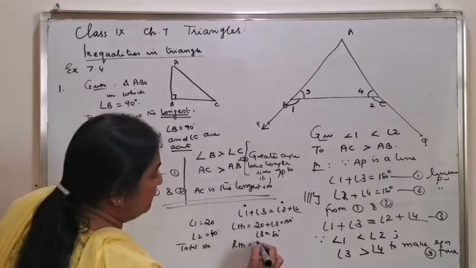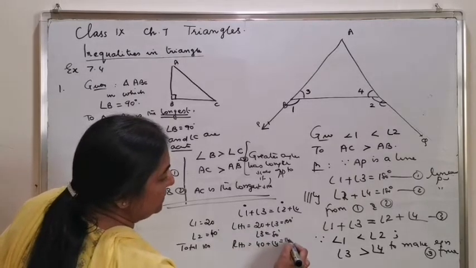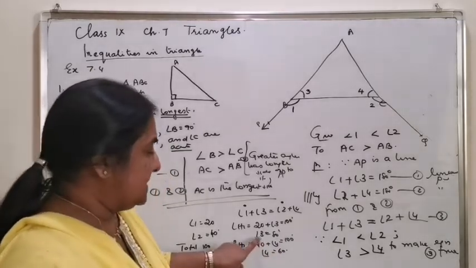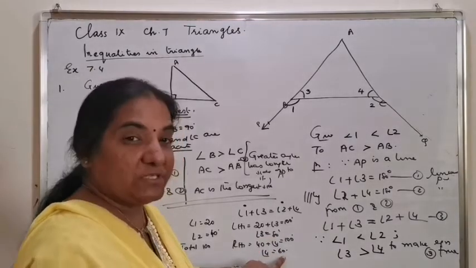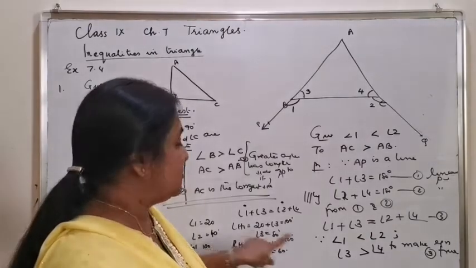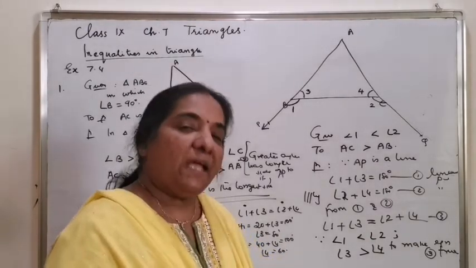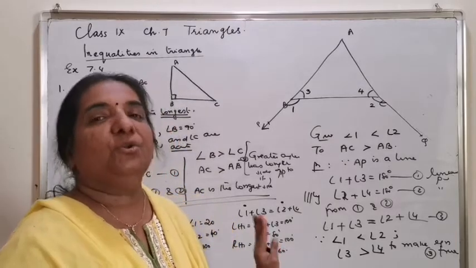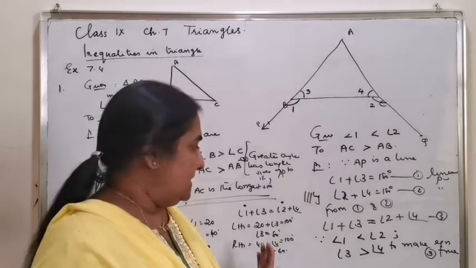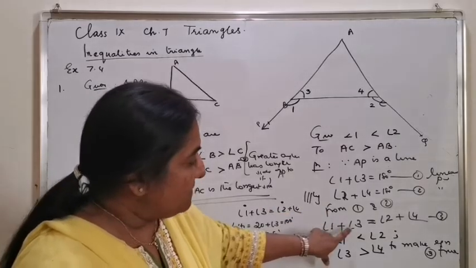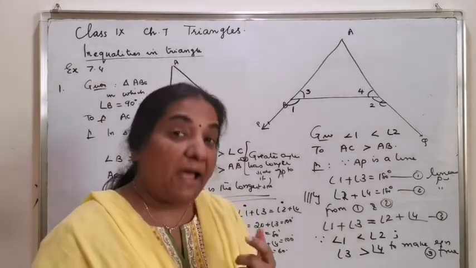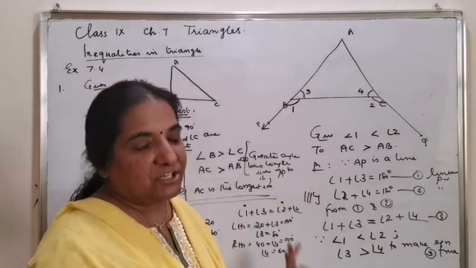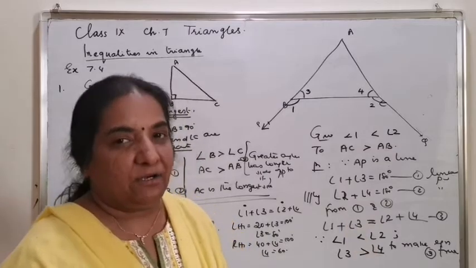RHS is 40 plus angle 4 equal to 100 degrees, which shows that 4 is equal to 60 degrees. You can see that 3 is 80 and 4 is 60, which shows that 3 should be greater than 4. Any example you take, any total you take, this condition will be satisfied. Since 1 plus 3 is equal to 2 plus 4 and angle 1 is smaller than angle 2, angle 3 has to be greater than angle 4.